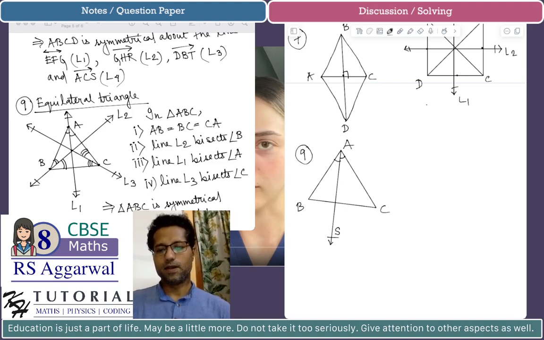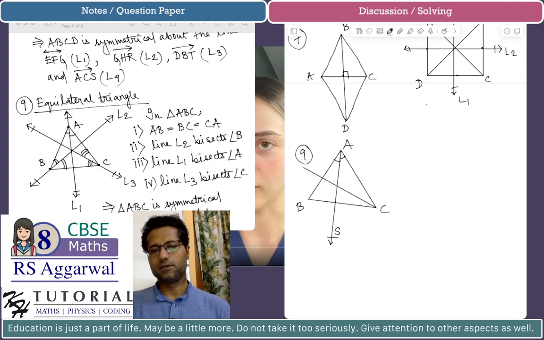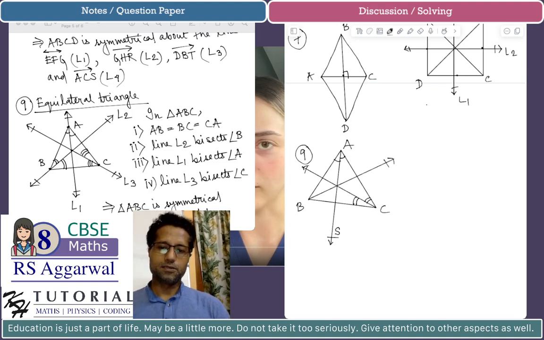Similarly, if I draw the bisector of the angle C, it will look something like this. So this angle will be equal to this angle, as this line is bisecting the angle C. Similarly, if I bisect the angle B, the line will look something like this, and this angle will be equal to this angle.